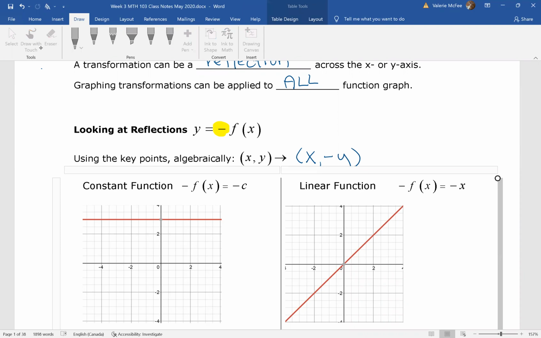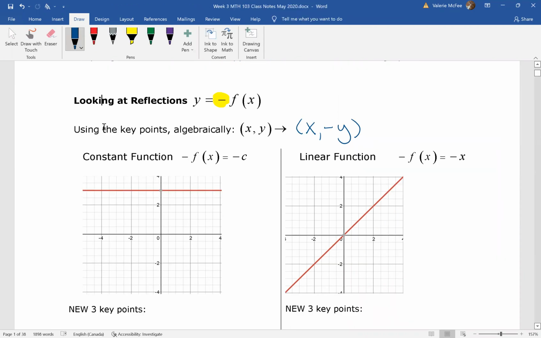So in each of these cases here, I've drawn the basic function graph. This is the f of x. Now we want to draw the negative f of x. So if this is our positive c here, then we can see that negative c is a reflection across the x-axis. It's the same graph, we've simply reflected it. Now let's think about those key points.